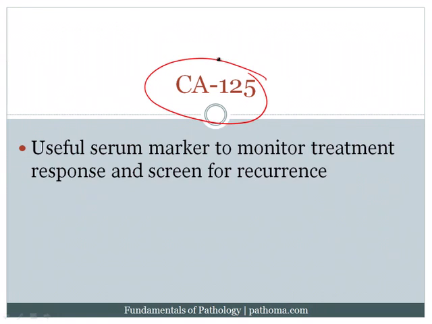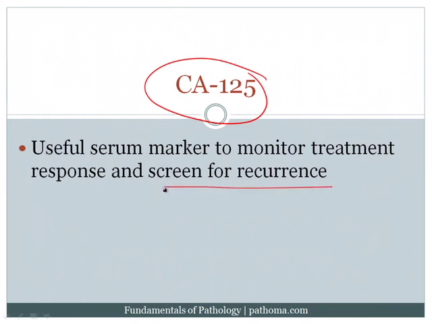So, for example, if a patient has a surface epithelial tumor and the CA125 is high, once it's removed surgically, the CA125 should again go down and should decrease to 0. So that's one important way by which we could use the CA125. And another important way by which we could use the CA125 is to screen for recurrence.